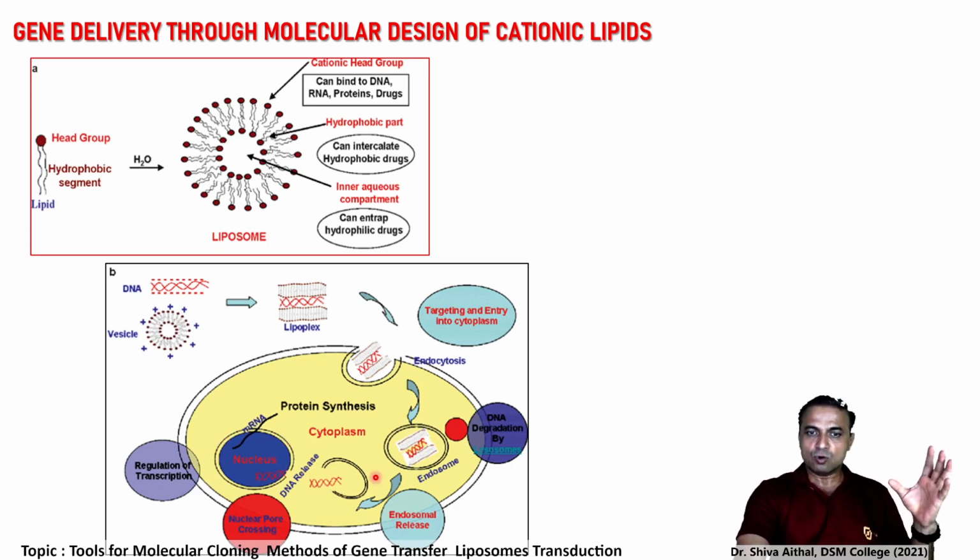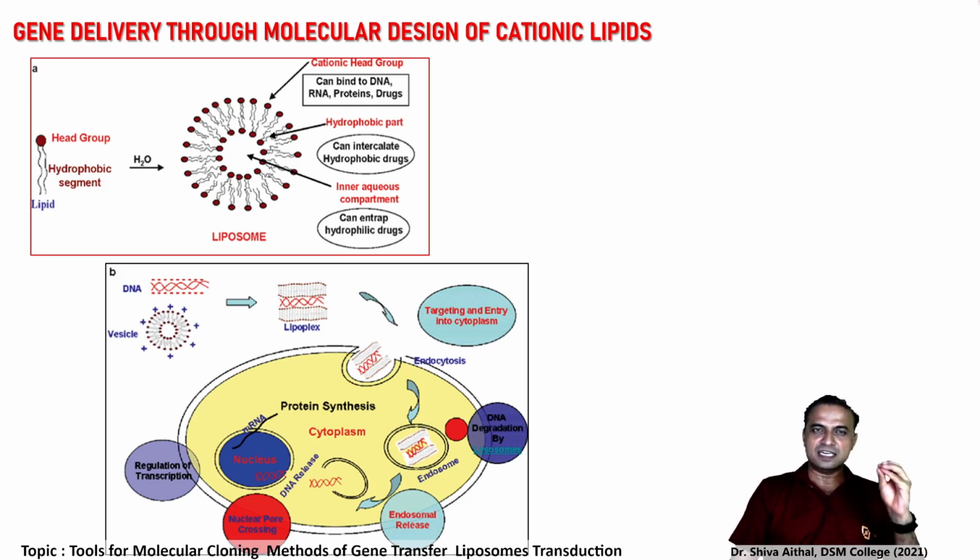It happens only if the DNA is not degraded by the DNA degrading enzymes. So this has to be overcome. So there are specific helper liposomes which are being added so that those can be degraded and the DNA is released. So this is gene delivery, and this is how the molecular designing of cationic lipids takes place.